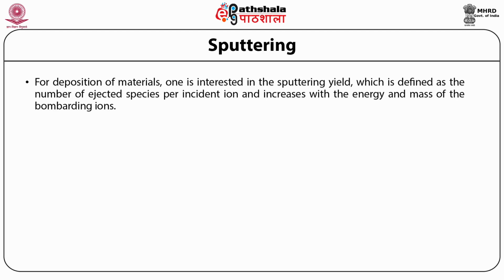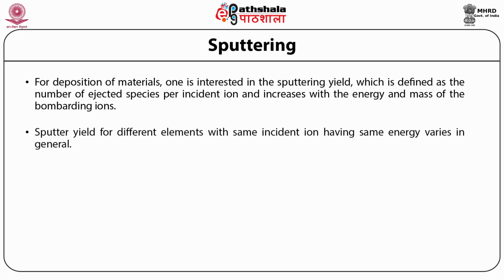For the deposition of materials, one is interested in the sputtering yield, which is the number of ejected species per incident ion and increases with the energy and mass of the bombarding ions. Sputter yield for different elements with the same incident ion having the same energy varies in general.